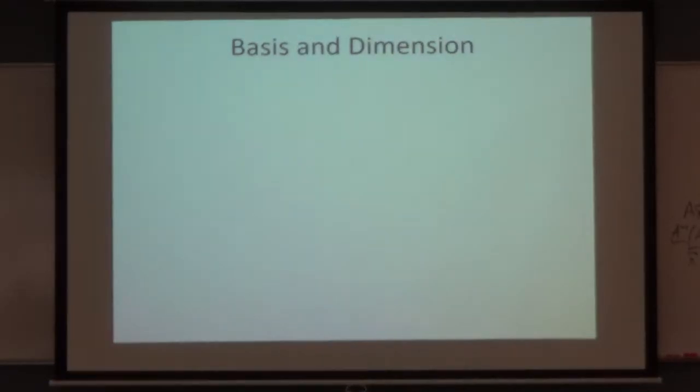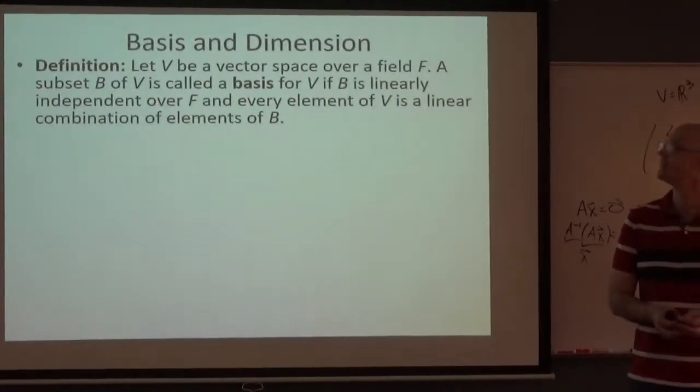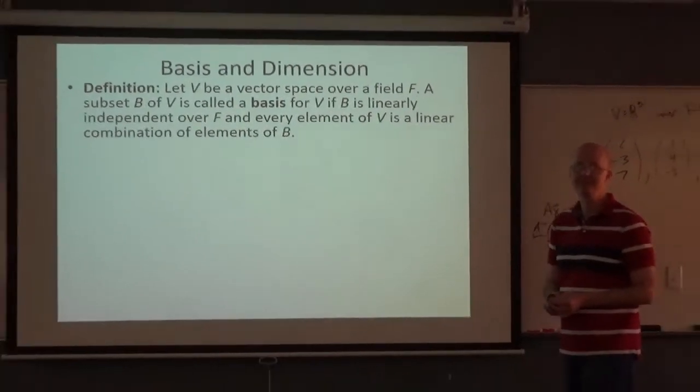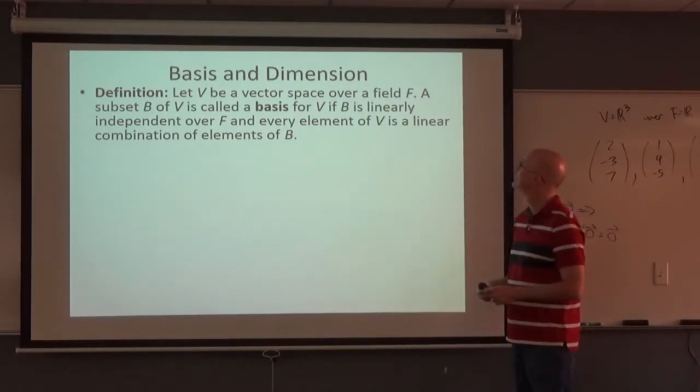Next slide, basis and dimension. Let V be a vector space over a field. Always mention the field in this class. It's going to be important. We will see how it's important as we go through today and the rest of this week.